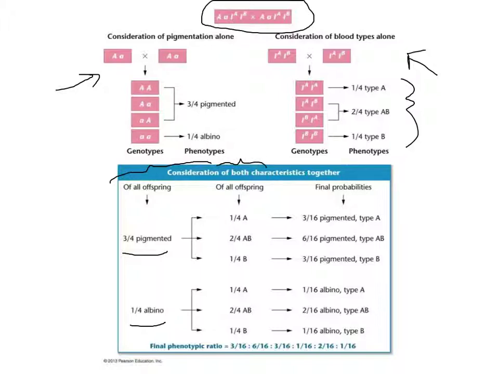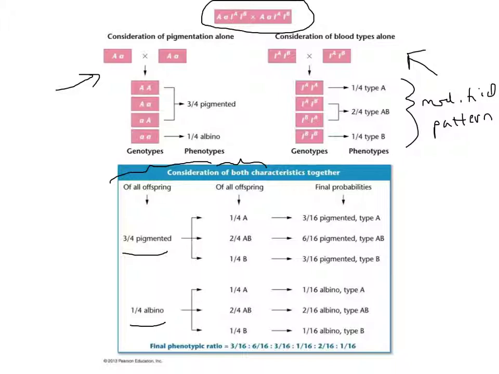Then we move on to the next part of the fork diagram. This column addresses the transmission patterns expected with regard to the I locus or gene. In that case, we know that we have a modified pattern, and it is 1-to-2-to-1: 1/4 type A, 2/4 or half type AB, 1/4 type B. Those are the probabilities of those types of offspring.